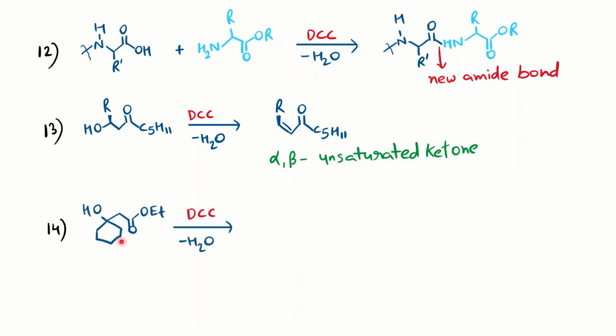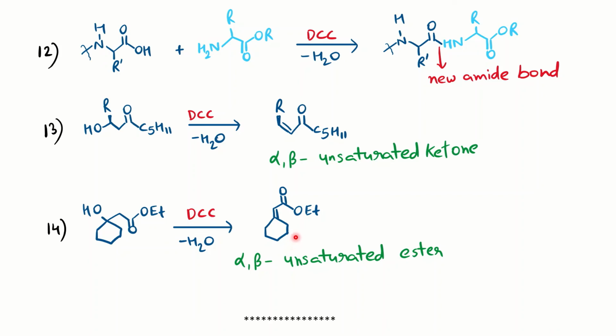In a similar example, you can show the loss of water in the presence of DCC, which gives you the alpha-beta unsaturated ester. So not only ethers, esters and amides, you can also design alpha-beta unsaturated ketones and esters in the presence of DCC.